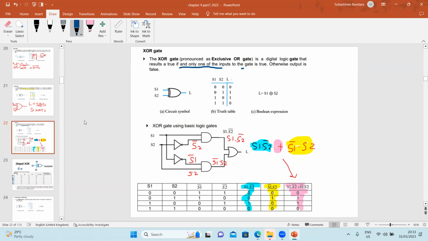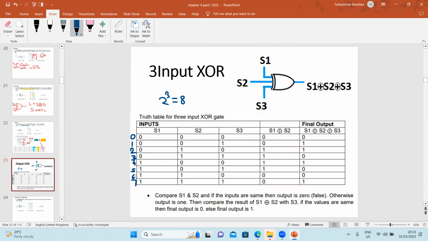So when we consider S1 and S2, if and only one input is true, obviously these two are going to be on, and here these two. If we highlight that point, if and only one input is true, here also if and only one input is true. So in those positions we will get four ones for S1 XOR S2.